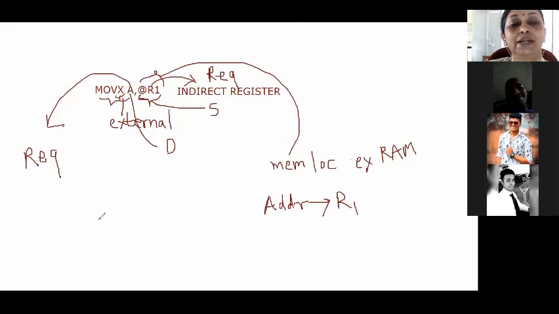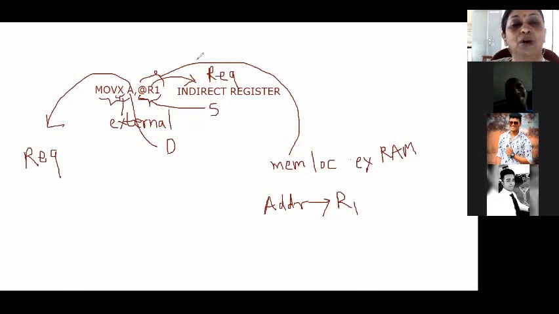So execution of this instruction will lead to data transfer. Data is transferred from a memory location of external RAM, whose address is present in register R1, to the accumulator. Are you getting the point?